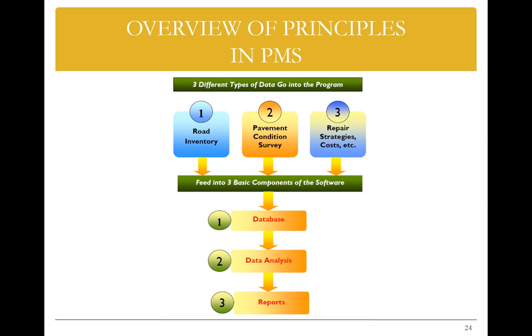And it's not just the type of distress, we need to know the extent as well as the severity of each one of those problems, and eventually how we can repair it, and what the strategies and the costs associated with each one of those fixes are.